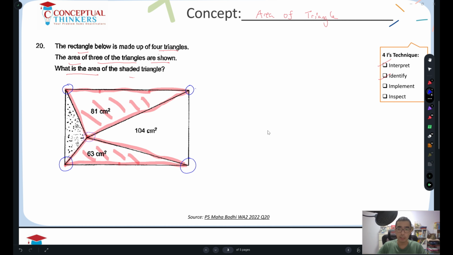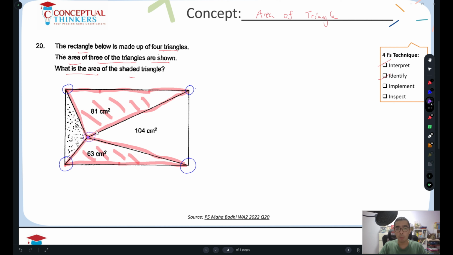Again, the third point will be somewhere in the middle of the rectangle, and according to the diagram you can see that the third point for both triangles will meet at the same point. Now with these 5 points, we can conclude that the area of the 2 triangles, if you add it up, will give you half of the area of the rectangle.